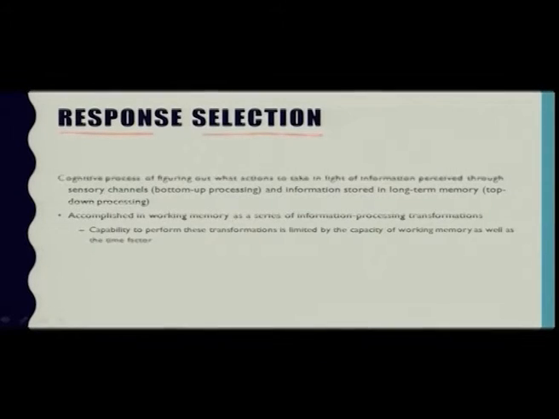It is basically a cognitive process of figuring out what actions to take in light of information perceived through the sensory channels, that is in the model as bottom up processing, and information stored in long term memory, that is top down processing.